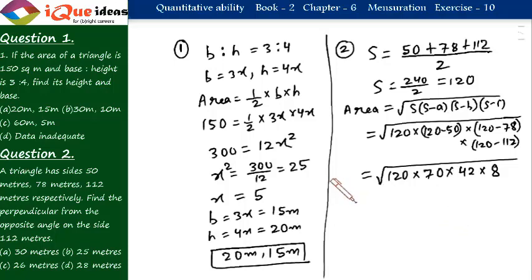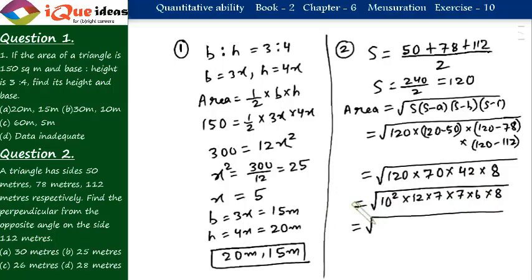Now 120 into 70 can be written as 10 into 12, into 10 into 7. So we have 10 square from here, into 12 into 7. Now 42 can be written as 7 into 6 into 8. In the next step, 10 square as it is, then 12 can be written as 6 into 2. So 7 into 7 will become 7 square. So we have 2 into 6 into 6 into 8.